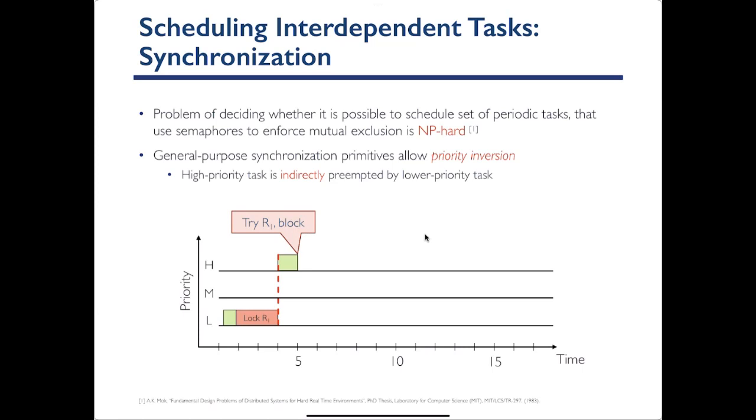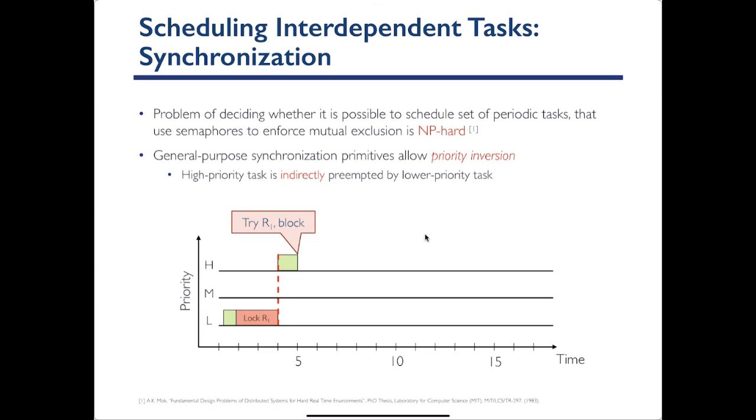When it tries to do so, it's going to get suspended, as was implemented in our mutex implementation. So the high priority task is going to be blocked by a low priority task. So far, so good. It's not preferable, but okay. So we're going to let this go.